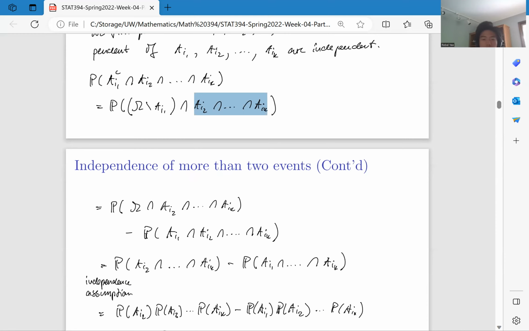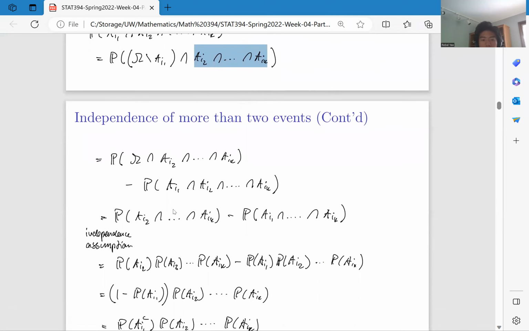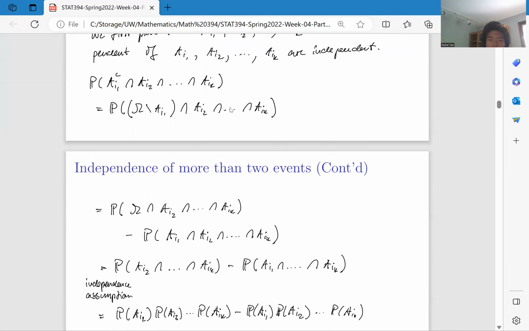In this case, because omega as a sample space is the universe set, we can ignore this term. So A2 intersection to AK minus probability of A1 intersection to AK.